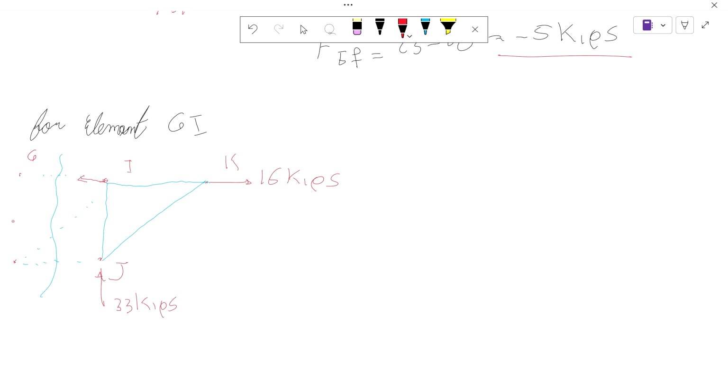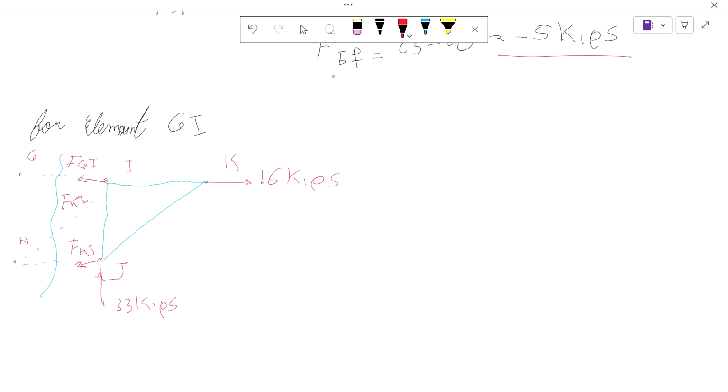So this is G and H. So first of all, this is the force that we need to find, GI. But there's this force FHI that we don't need to worry about because they're not asking for it. But if they were, you know how to do it. You just use the dimensions. And there's this force FHJ.